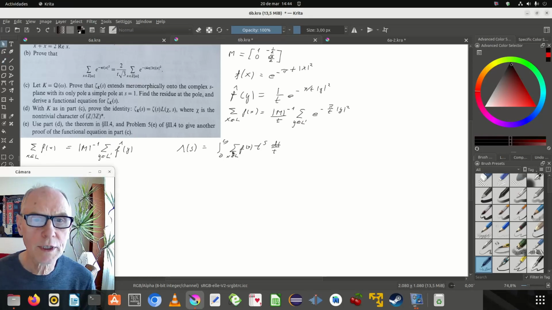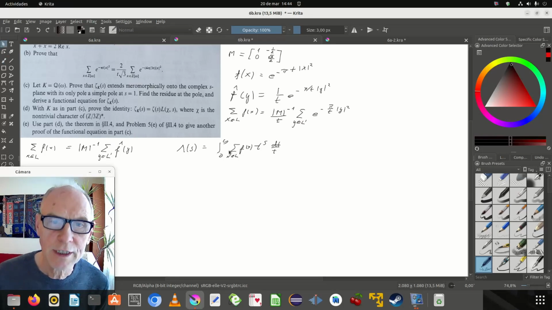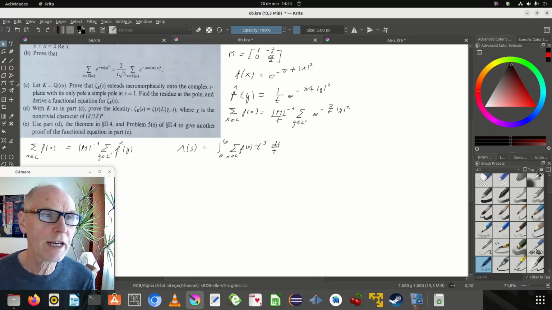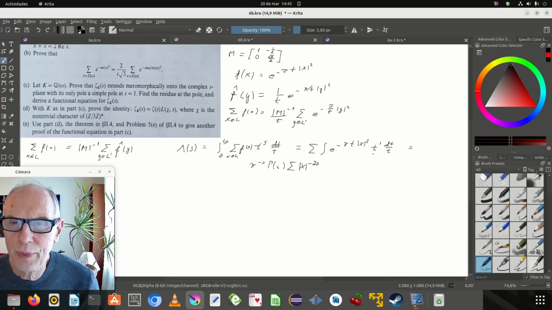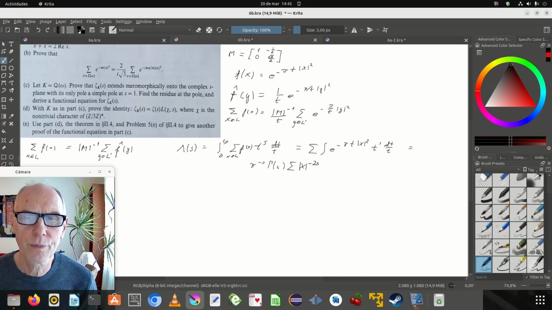And as usual, we change integration and summation, and then find out later when it will work. And what are the conditions that it holds? I forget this, so we just have to do it again.